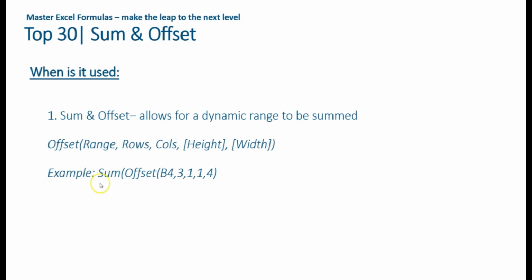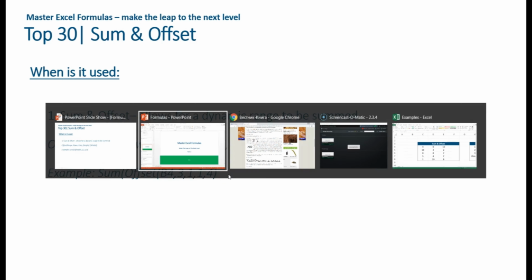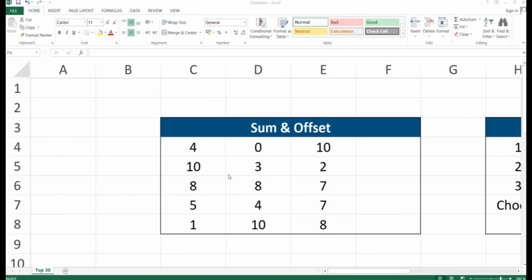As you can see, you have an example here as well, but let me just go to the sheet with the examples. Here, what I have prepared is a few columns with numbers.